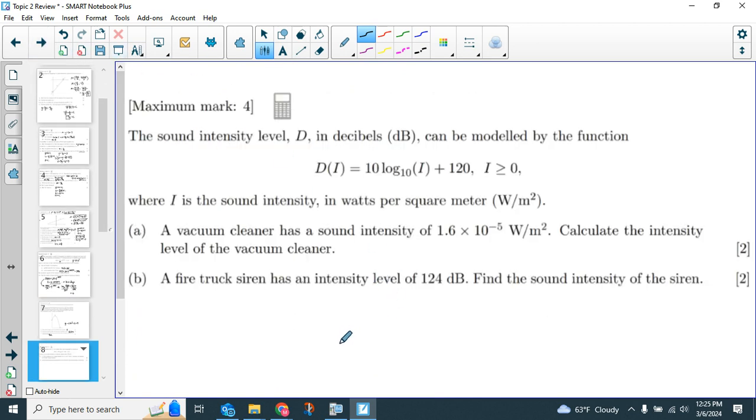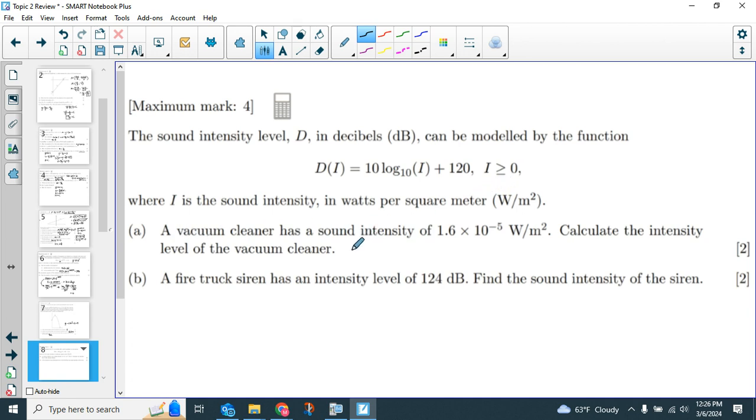All right. Next question. The sound intensity, D in decibels, can be modeled by the function d of I is equal to 10 log base 10 of I plus 120, where I is greater than or equal to 0. I is the sound intensity in watts per square meter.